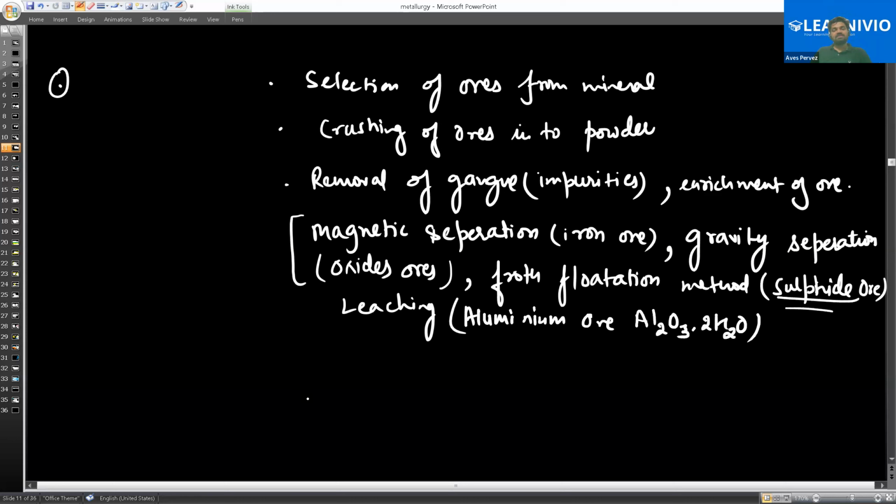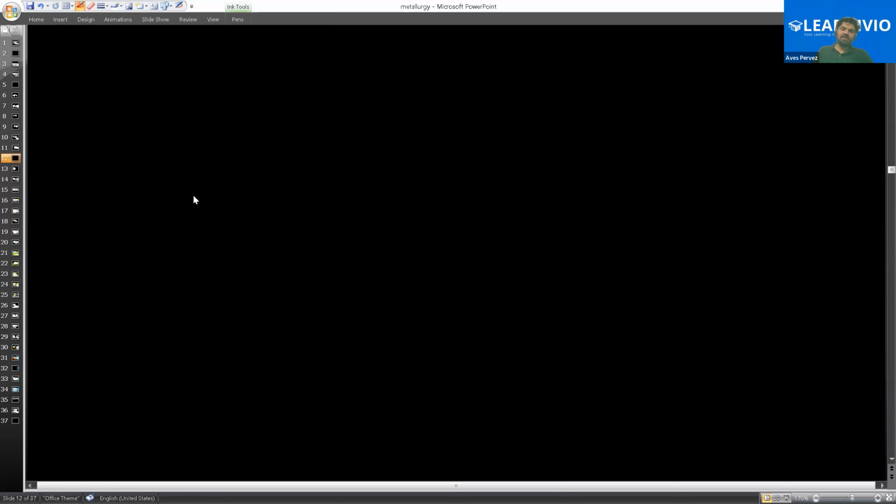After crushing these ores, when these impurities are removed and we have pure ore, there are mainly four types of ore. Sulfide ore, like PbS, Ag2S, Cu2S, FeS. These are attached with sulfur.